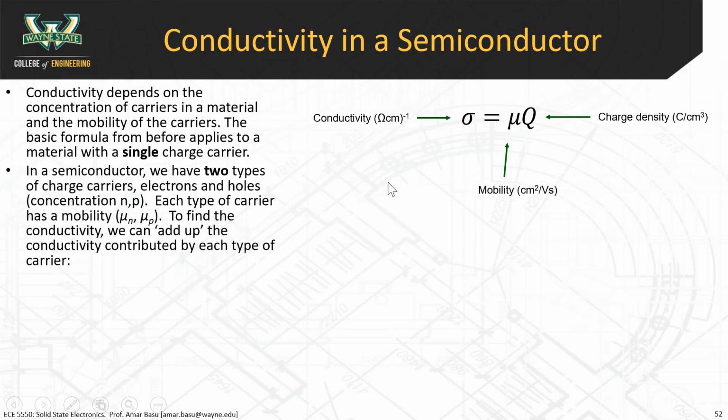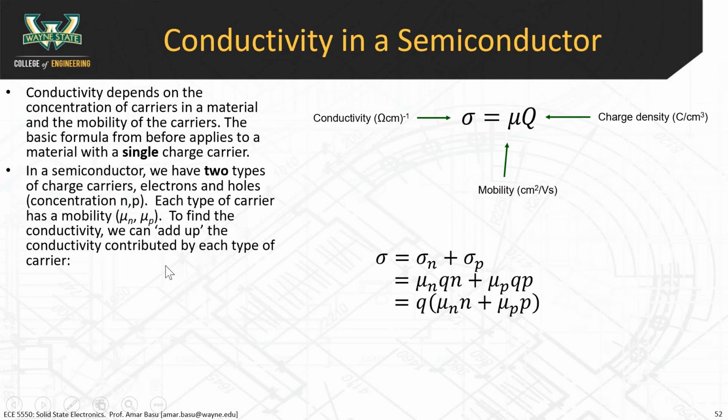In a semiconductor, there are two types of charge carriers, electrons and holes. You can calculate the concentration of electrons and holes based on what we did in class last time. Each type of carrier has a certain mobility, so we denote the mobility of electrons as mu n and the mobility of holes as mu p. To find the effective conductivity, we add up the contributions of each type of carrier. So sigma, the conductivity, is equal to the conductivity due to electrons plus the conductivity due to holes.